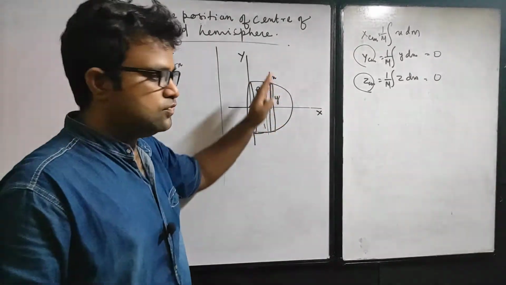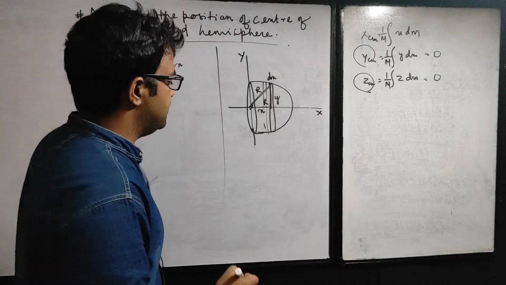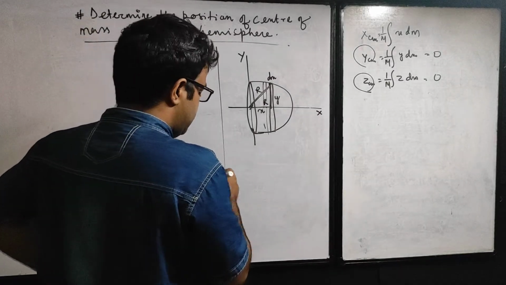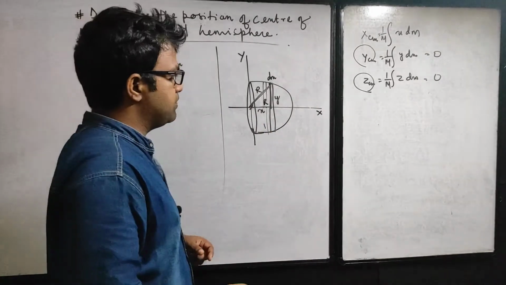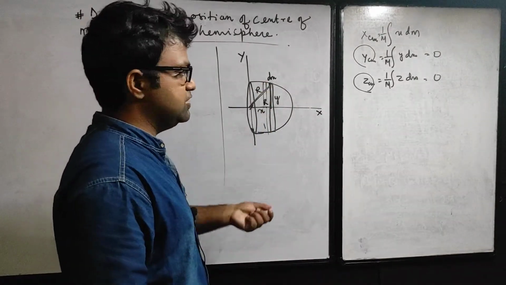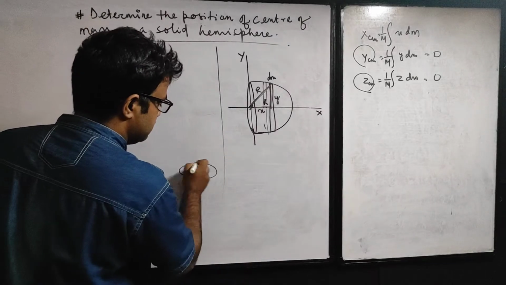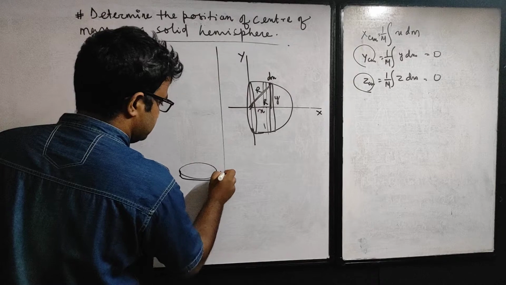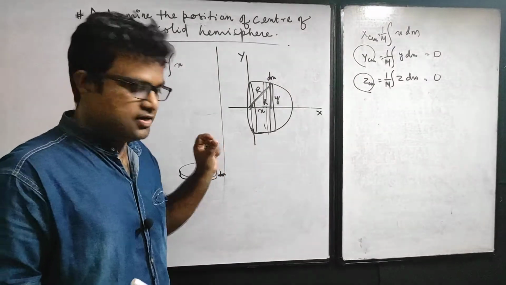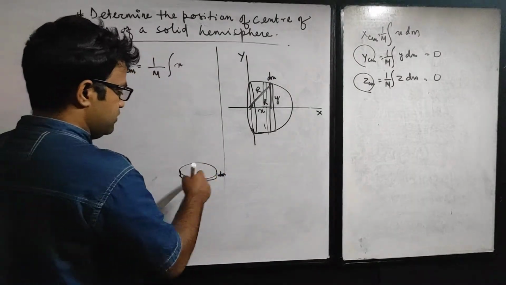What will be the mass of the disc? That is the dm. We can write that in terms of density. What is the volume of this disc? If this is a disc of width dx, it's like a very small cylinder.